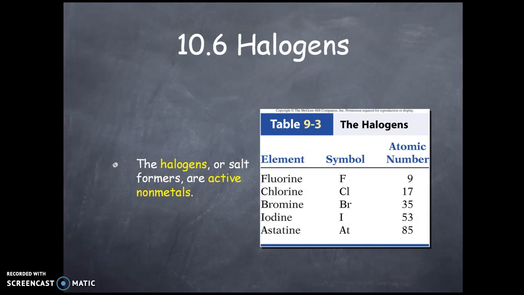An example is the halogens, the salt formers. These are active nonmetals, so they have the tendency to react with other elements, and in their physical or chemical properties, they resemble one another. So that's why they are kept in one column.